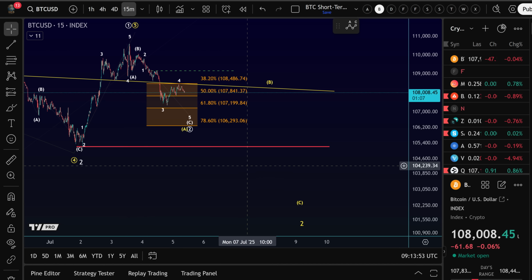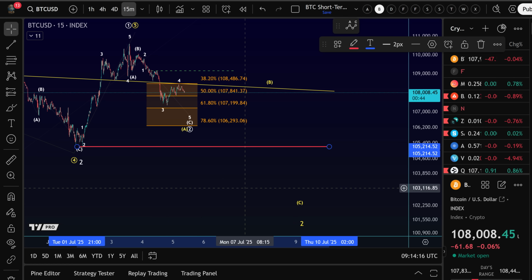Both of these scenarios I'm currently tracking are still short-term bullish scenarios and basically only apply here on the smaller time frame. On the larger time frame, you would class them basically just as noise. So for the directly bullish scenario, in which the price might form one more low, but it's not needed, but could turn around in this region, the formal invalidation point is this one at $105,220.